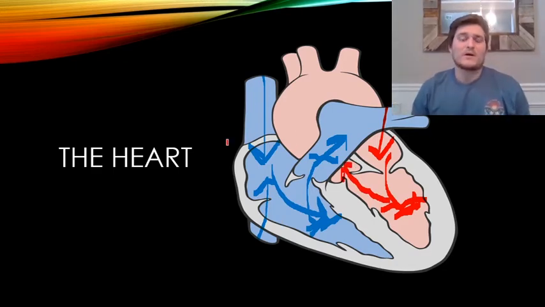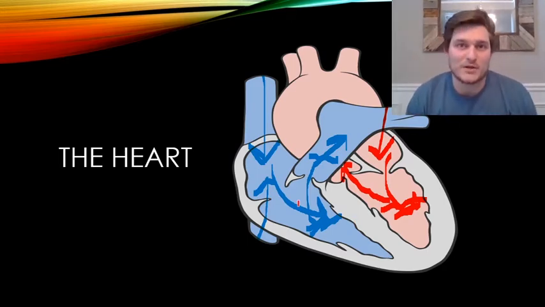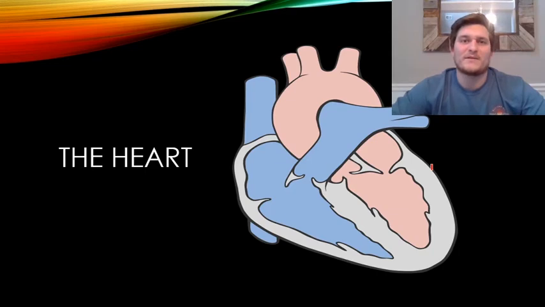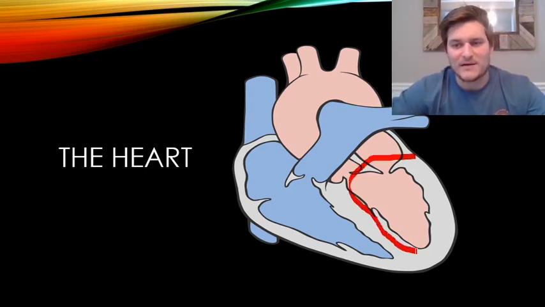And so the heart is going to eject a certain amount of blood that fills up these ventricles, and that's called ejection fraction. So now keep in mind, we are going to talk about a lot of terms that have to do with volume and pressure within the heart. And a lot of times when we talk about these different variables, we are referring to the left side of the heart.